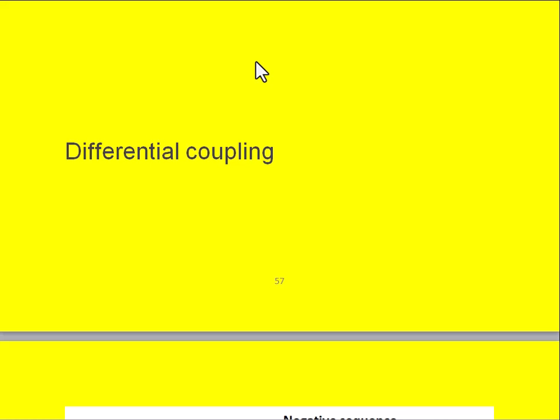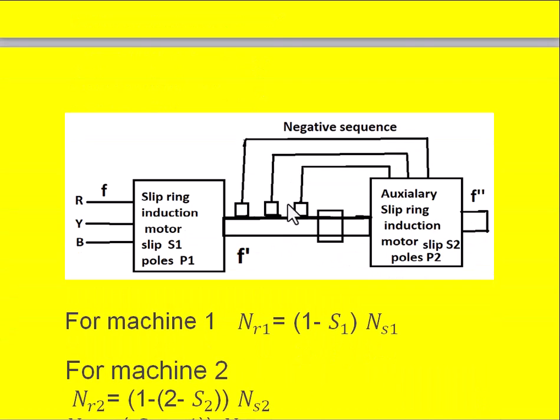Next, suppose the second machine is connected with the first machine with a differential coupling like this. This is the negative phase sequence supplied to machine 2. And this is machine 1 as usual. Its input is 3-phase AC supply with frequency F, the rotor EMF frequency of machine 1 is F dash, the slip of machine 1 is S1, and the number of poles on machine 1 is P1.